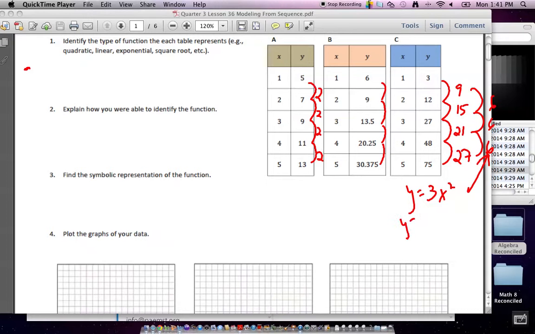We could go back to something we did a long time ago, which I would prefer not to go there right now because we just don't have the time for it. y equals a times (x minus h) squared plus k. If I go back one more to 0, look at this. It's 27 to 21 to 15 to 9. We're going down by 6s from 9, which takes me down to 0.